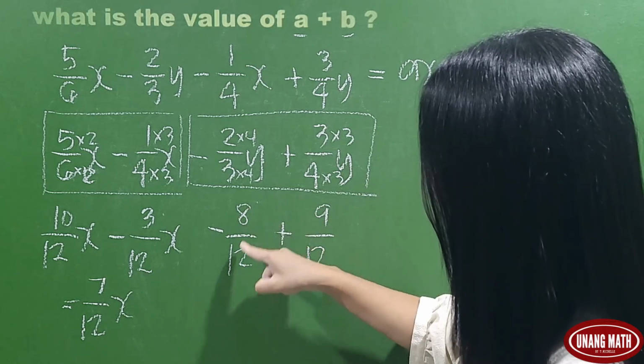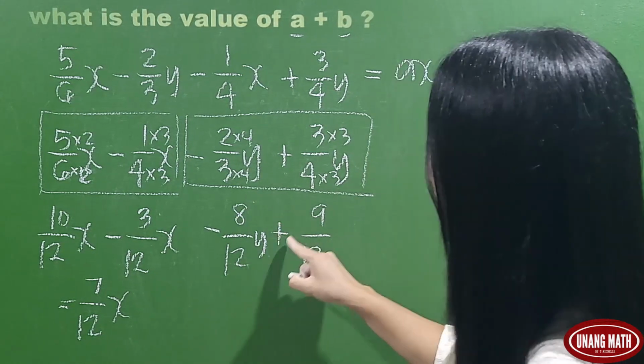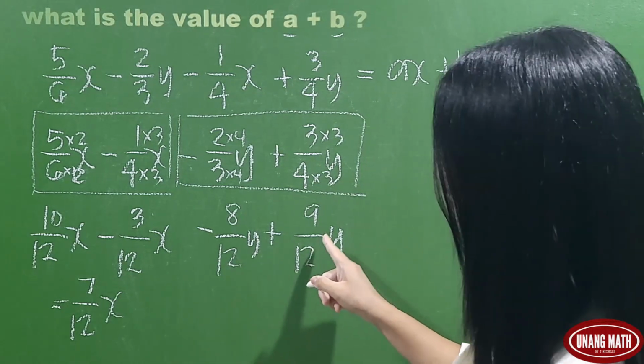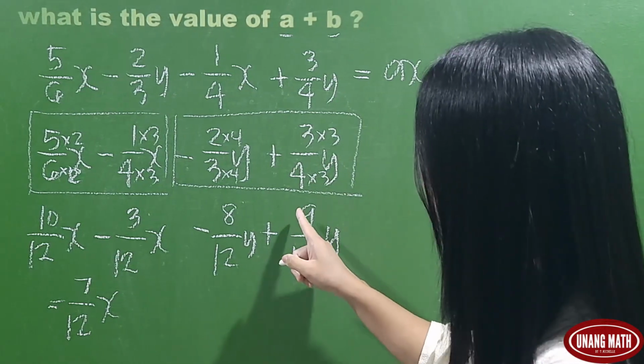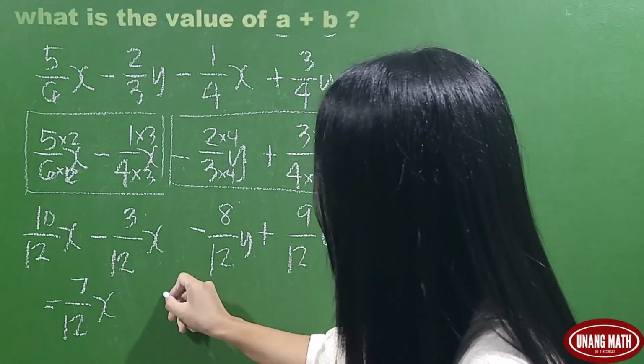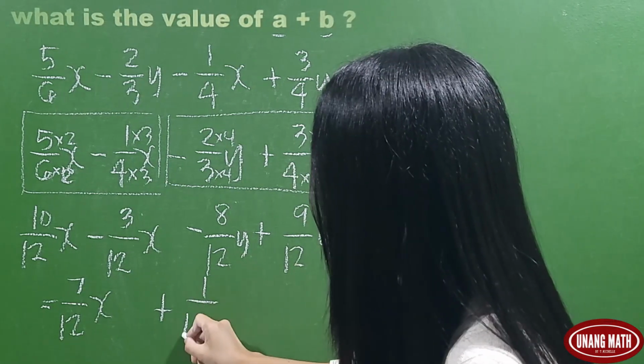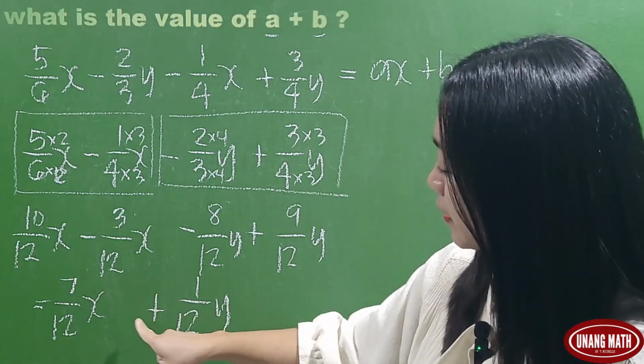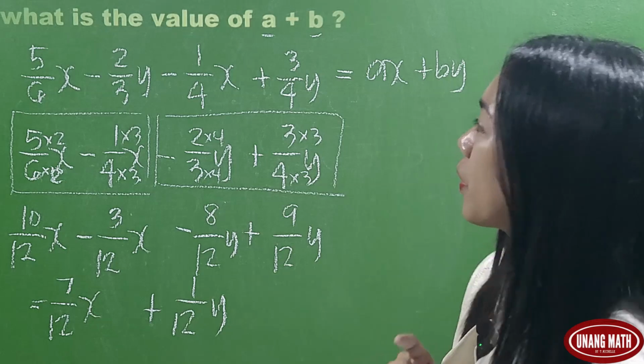So this is negative 8 over 12y plus 9 over 12y. Simplify, this is now equal to positive 1 over 12y. So we have here 7 over 12x plus 1 over 12y.